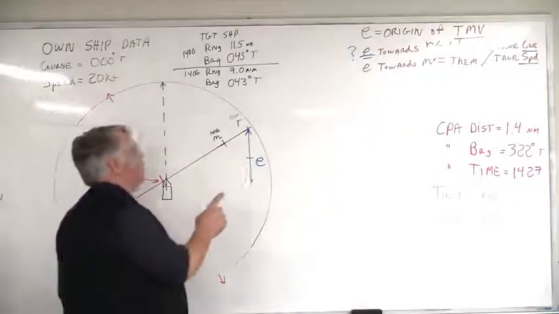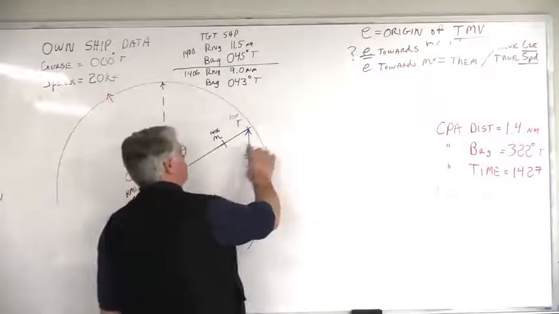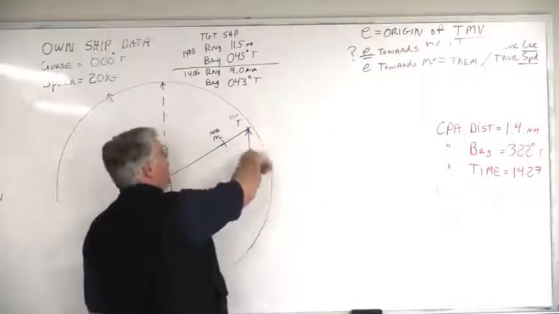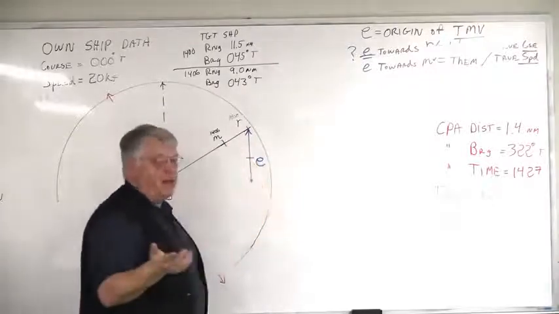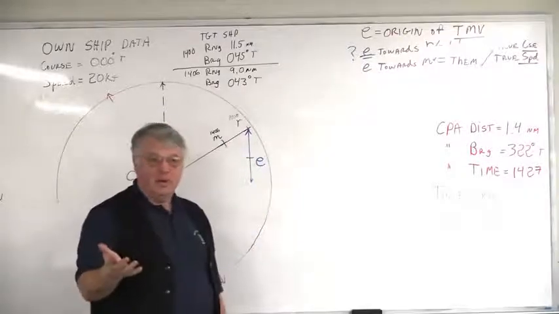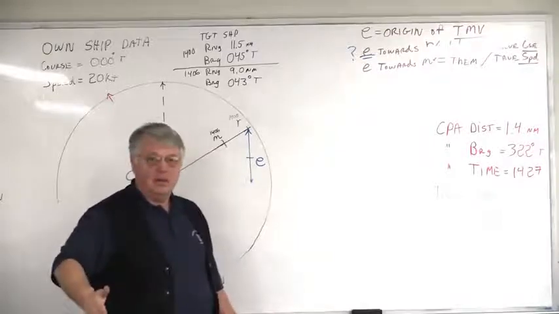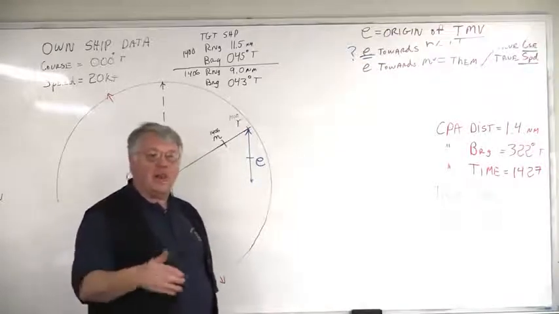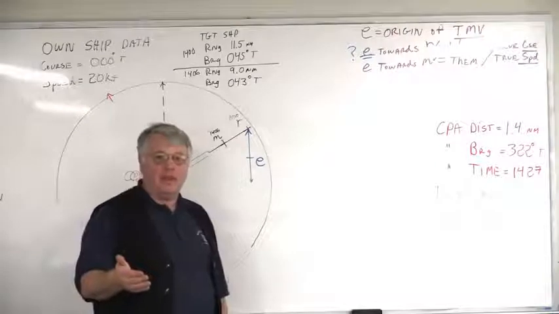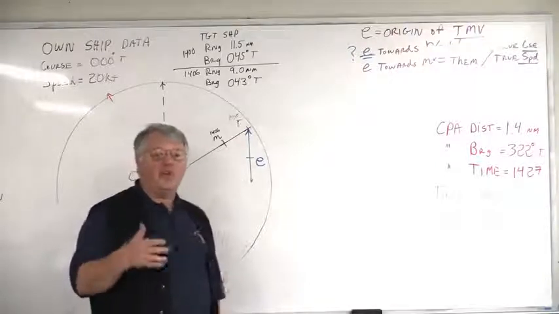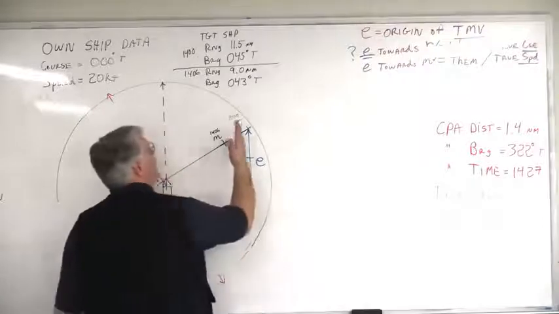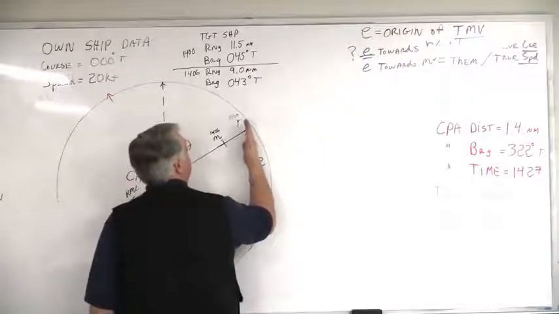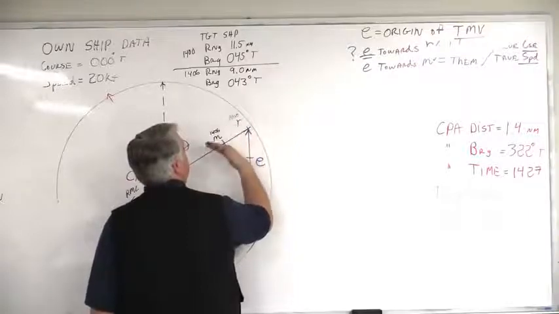And the origin of E is where it starts. So imagine the hands on a clock spinning around. E is the center of where the minute hand spins around. It can never leave E. And this is important to understand because later on when we go to step 3, when we figure out what new course we have to steer to avoid this guy, I'm going to be taking our course, our heading, and I'm going to be changing course either to starboard or to port.